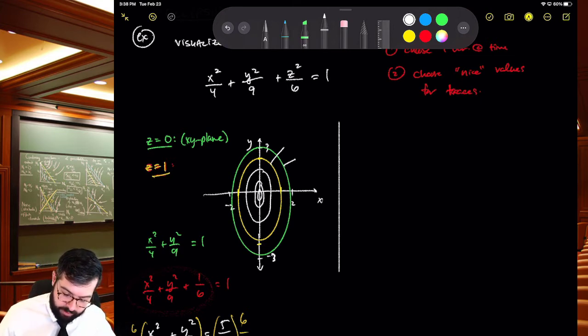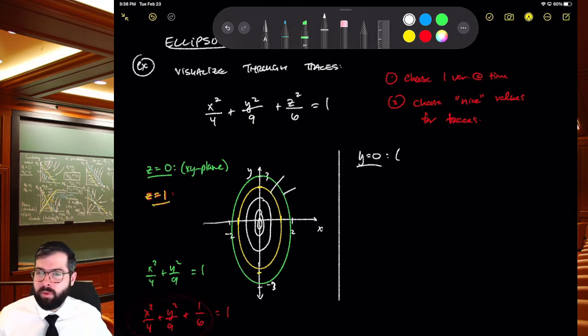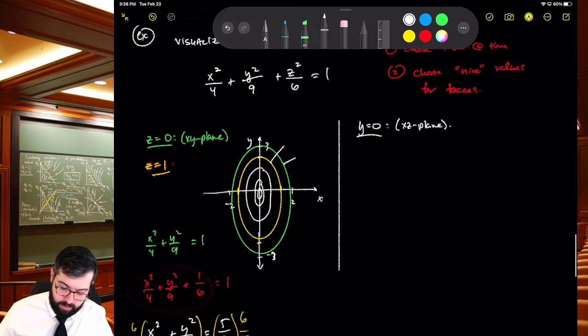If you do this with y equals 0, then we're really looking in what plane? The xz plane, right? When y equals 0, what we're left with is this curve.